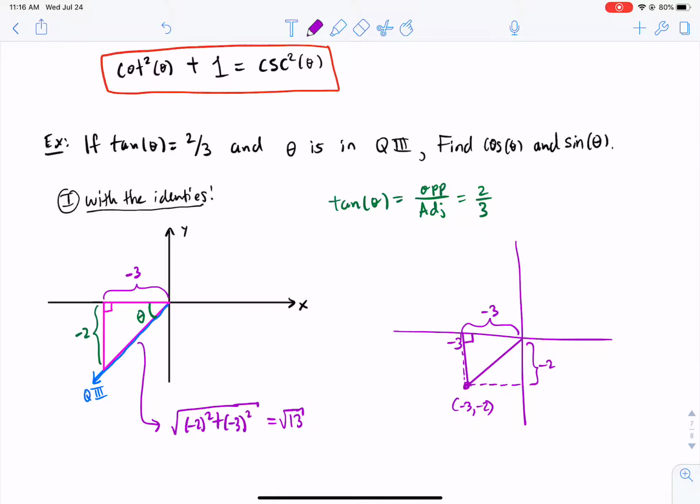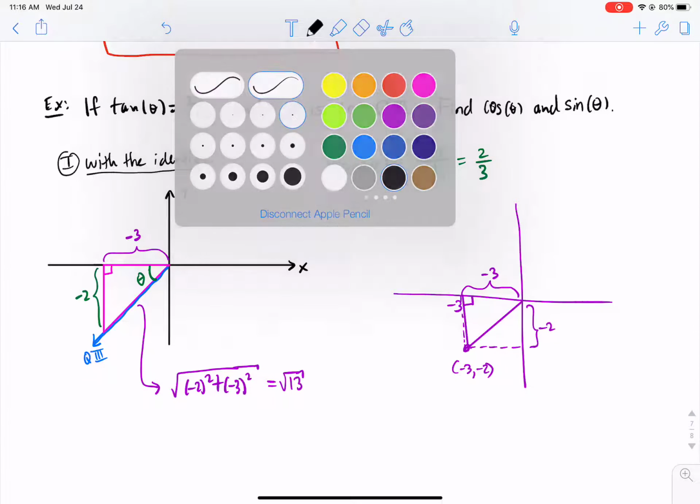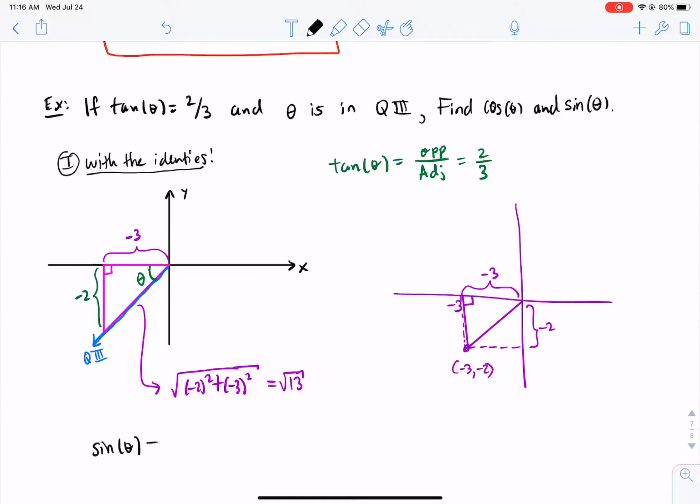It's just that having negatives will make things a little bit easier, because what is sine theta now? For the triangle, it will be opposite over the hypotenuse, right? And opposite to theta will be -2 divided by the square root of 13.